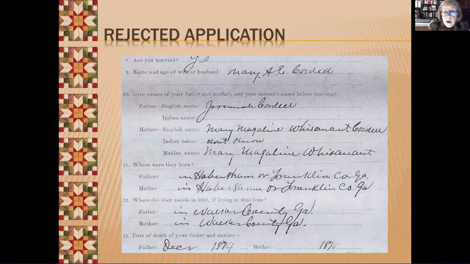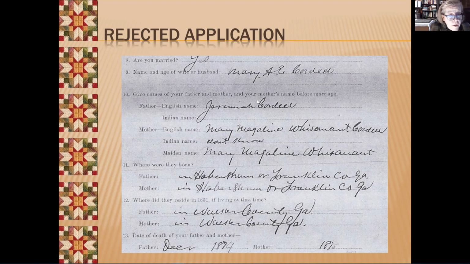So again, he is my great-great-grandfather. And so with him, he would give me my third great-grandfather and my fourth great-grandfather and grandmother from just the information that he's filled out on this application.